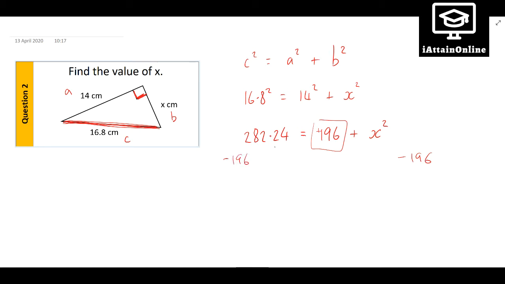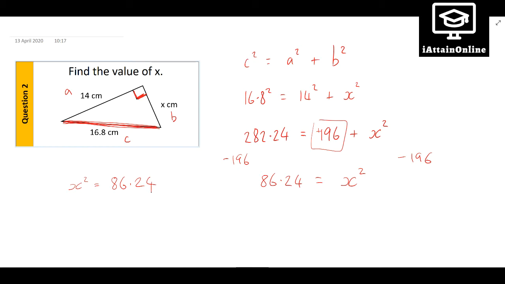So 282.24 take away 196 is going to give me 86.24, and that is equal to x squared. That is the same, 86.24 equals x squared, is the same as x squared equals 86.24. So it doesn't matter which way round you write it.